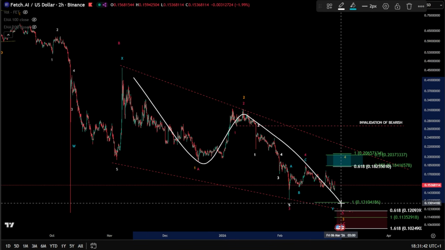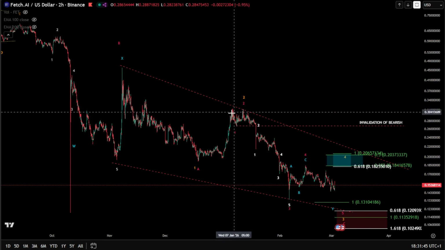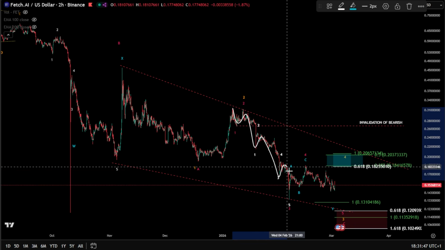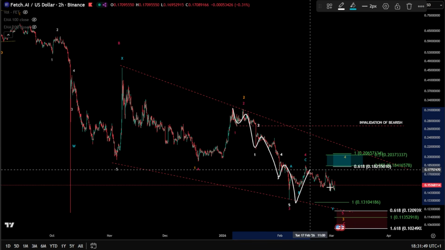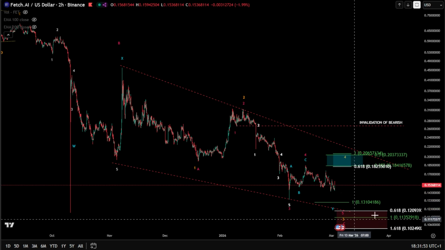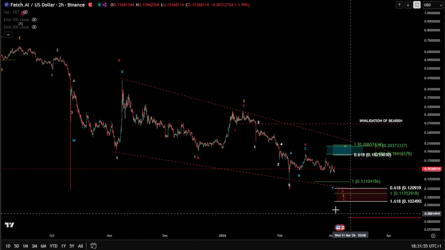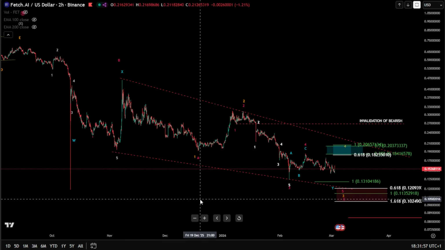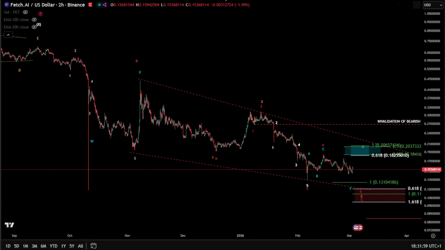ABC meaning zigzag, finishing at the 1 to 1 FIB level, 1, 2, and then 3, 4, and a 5, to finish, and potentially can dive deeper as well inside this box, which is another possibility for the impulse, as we mentioned as well.